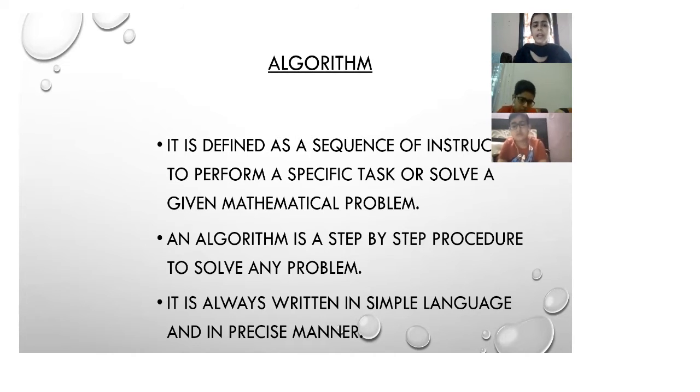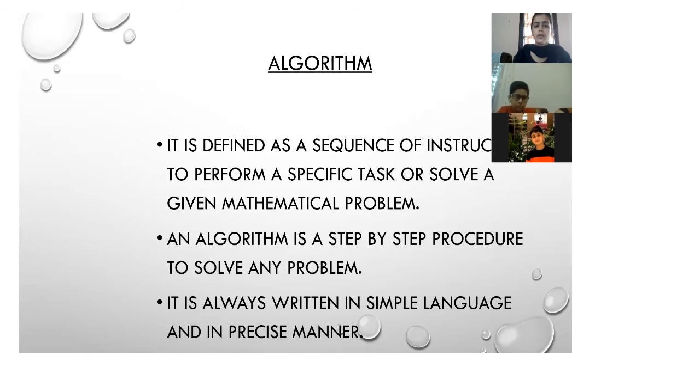For example, in mathematics, when you draw geometrical shapes and constructions, you follow some steps. Clear? So the steps that we follow to solve a mathematical problem or any particular task are defined as your algorithm. An algorithm is also a step-by-step procedure, means one step at a time.